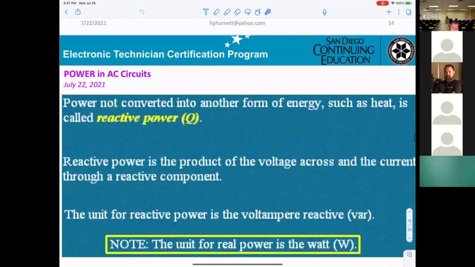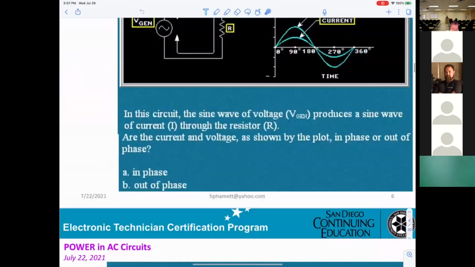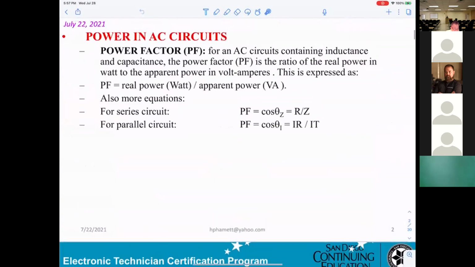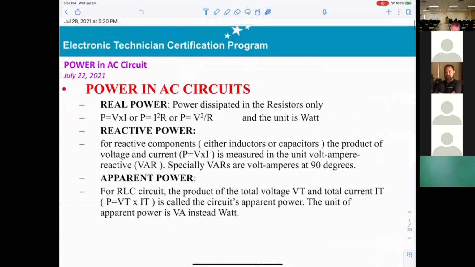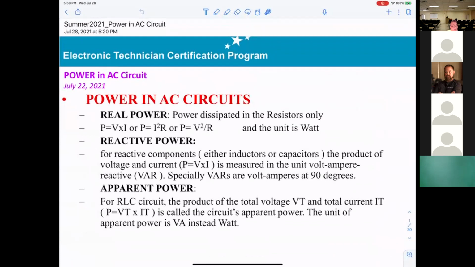You understand the power can be applied to the resistor, to the inductor, or capacitor, or they will be combined resistor, inductor, capacitor. So they get a different name, different formula, different unit for each power calculation, okay?